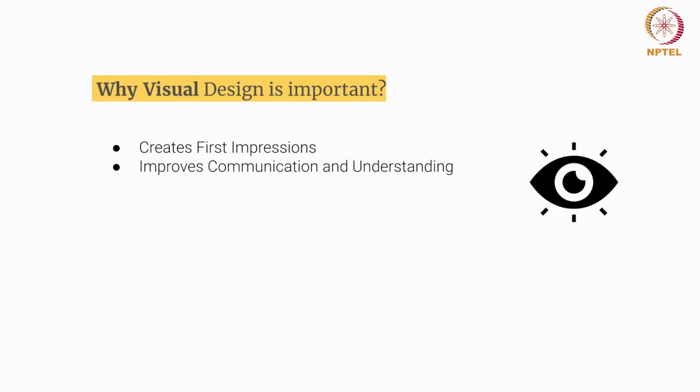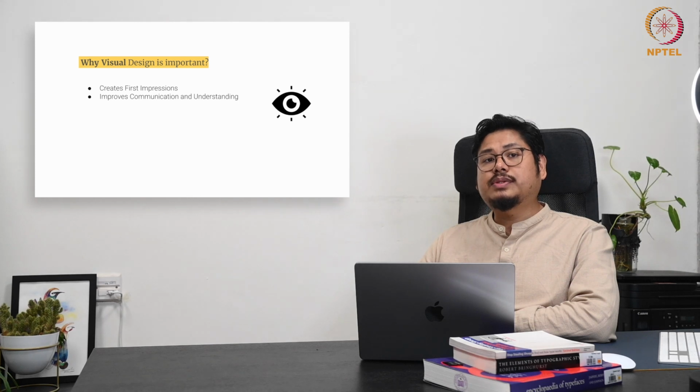Next is improved communication and understanding. What it means is that visuals make information easier to understand and remember. Diagrams, icons, and color coding are tools that can help to communicate complex ideas quickly, aiding in learning and retention.